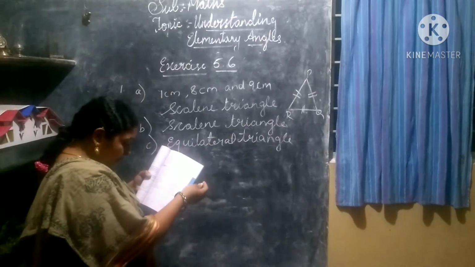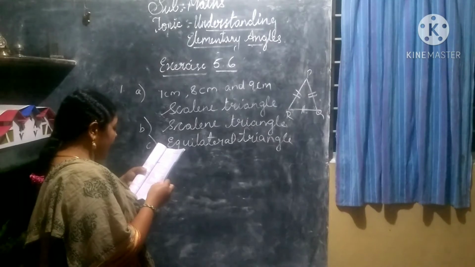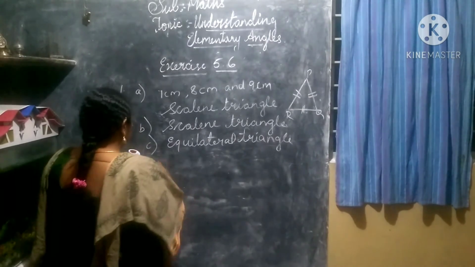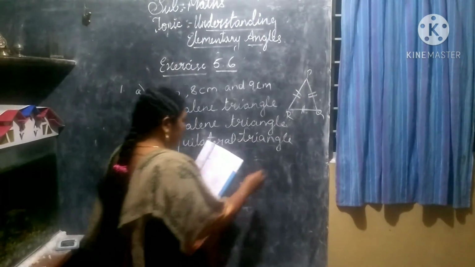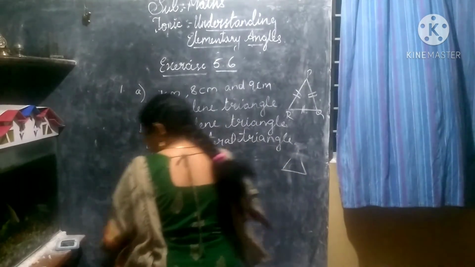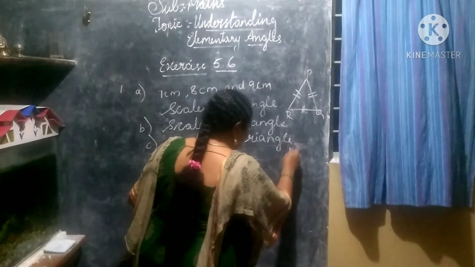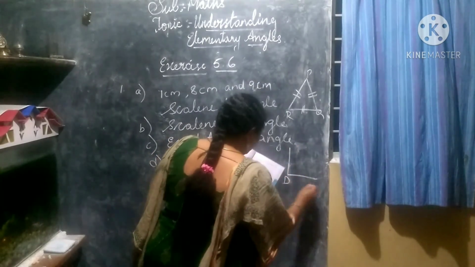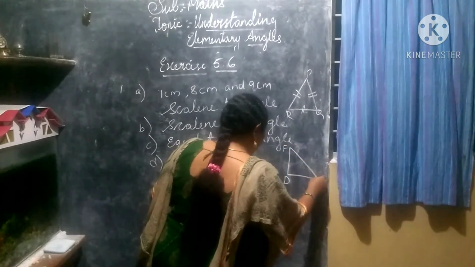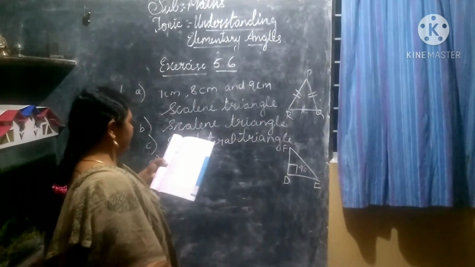And look at D. Triangle DEF with the measure of angle D equal to 90 degrees. Therefore the measure of angle D is 90 degrees.